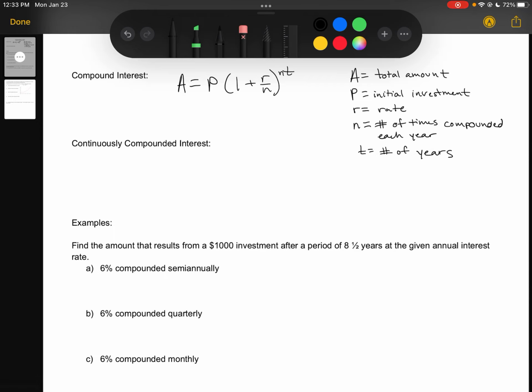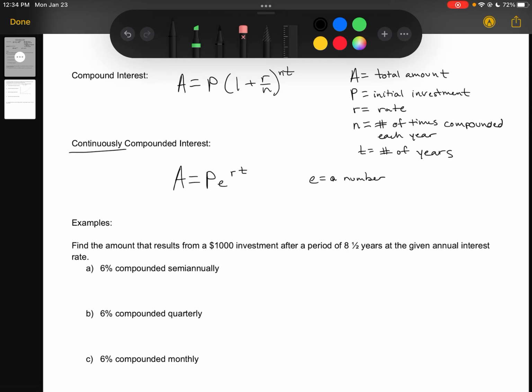So this is for a typical calculation where they give you a rate, they give you a number of times that things are compounded. There is a second type of calculation where they are always compounding. So this is continuous compounding. In this case, we have A equals P times e to the RT power. A is the same, P is the same, e is a number.